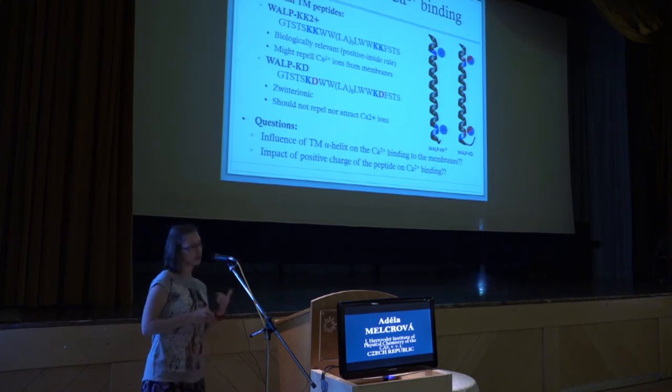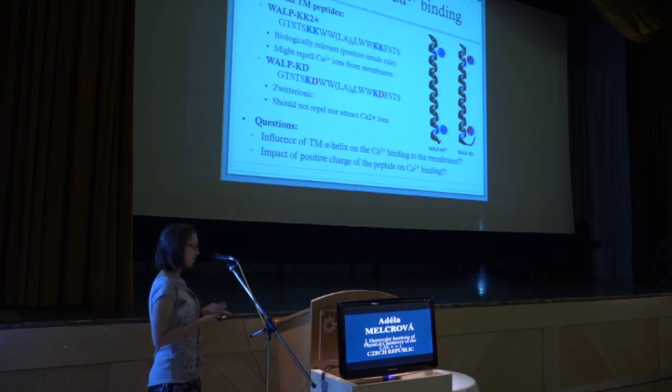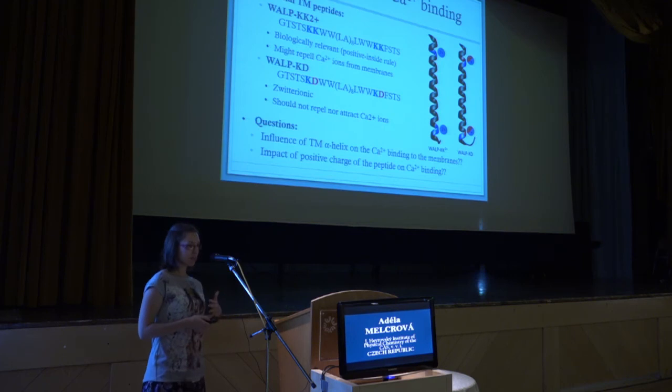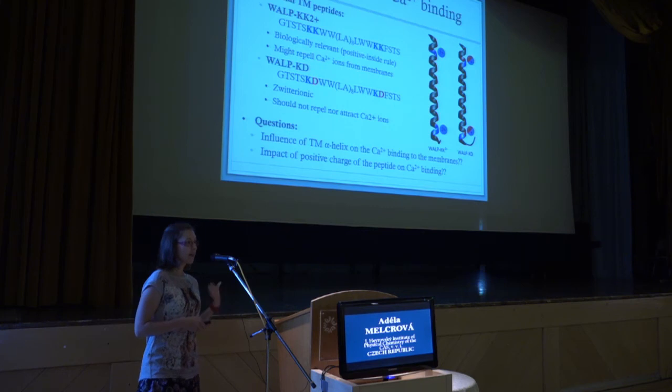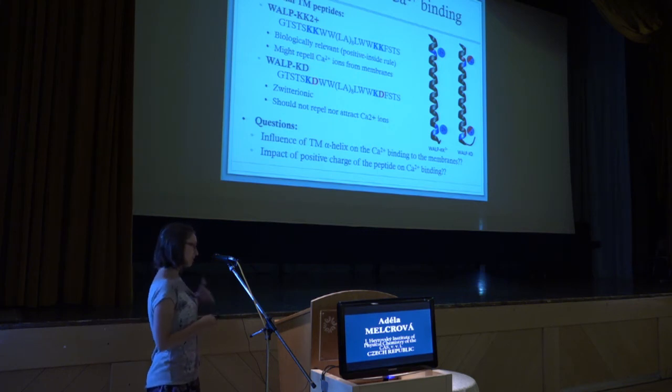This is biologically relevant because there exists the so-called positive-inside rule, that the excess positive charge of transmembrane proteins in plasma membranes is in the inner leaflet of the plasma membrane.